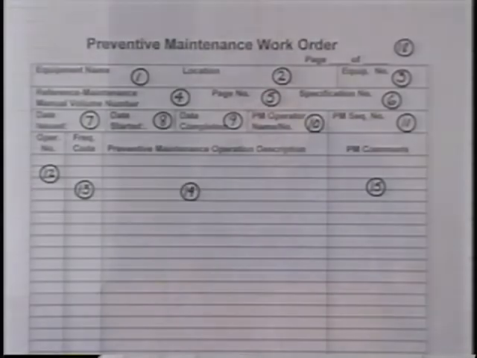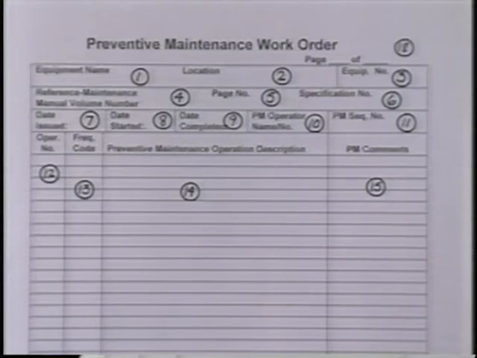So first of all, let me start up on the top left-hand column where we have the equipment name, then we have the location, and then we also have the equipment number. So that is heading information that would also appear on the preceding job planning sheet.